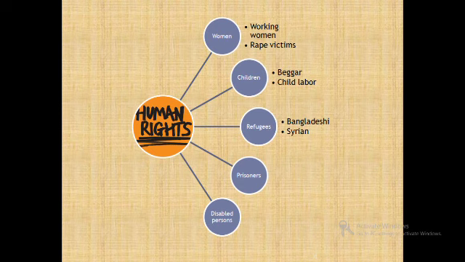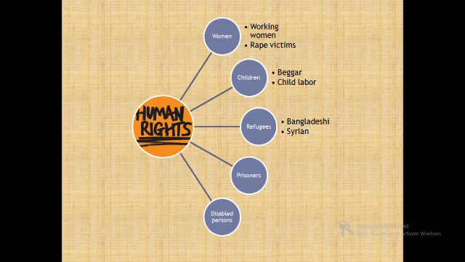Once the subclassification is done, then they further need to classify. If the researcher is choosing that he wants to pursue his research on human rights relating to women, then which women he needs to identify, whether it is a working woman, whether it is about the rape victims or acid attack victims and so on.